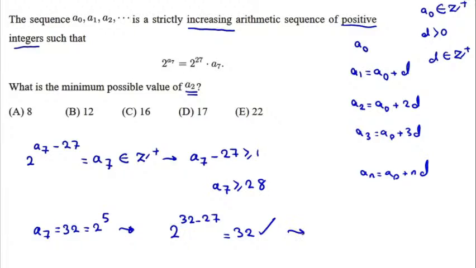Then we can conclude A7 is A0 plus 7D equal to 32. We can also check other numbers for A7, for example, the next power of 2 is 64. Then this one will be so much larger, because 64 minus 27, the power of 2 to that will be so much larger than 64. Now here, I want to find the minimum that is possible.